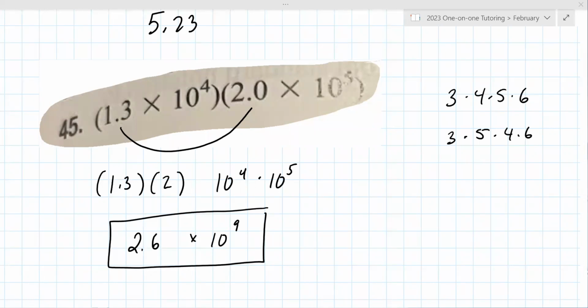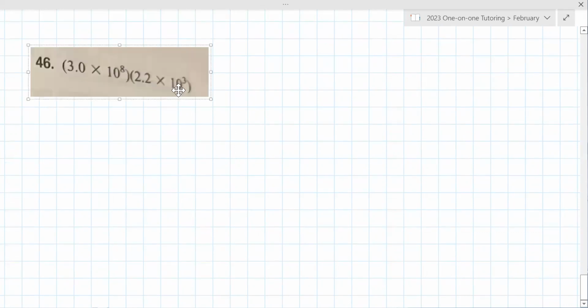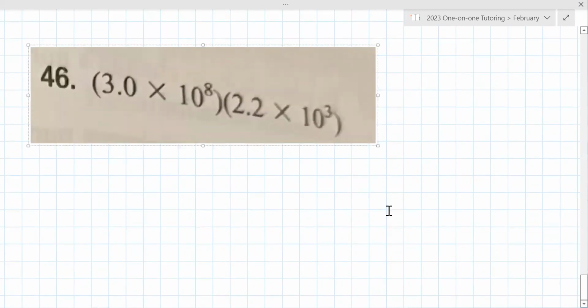Okay. So you said 40, we've got to do them all, so 46. Yes. Okay. So just like the previous problem, you're going to take the 3 and multiply it by the 2.2, which is 6.6.